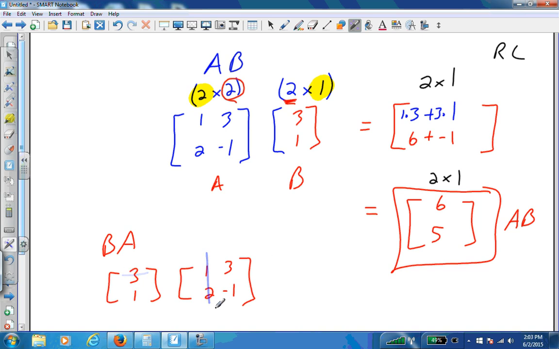One element here, two elements here, so it's not possible for us to multiply these two matrices together. So what's my point? Generally speaking, and of course there's always an exception to the rule, if you multiply two matrices times each other and then change the order, you don't get the same answer. Sometimes you don't even get an answer for one of them.